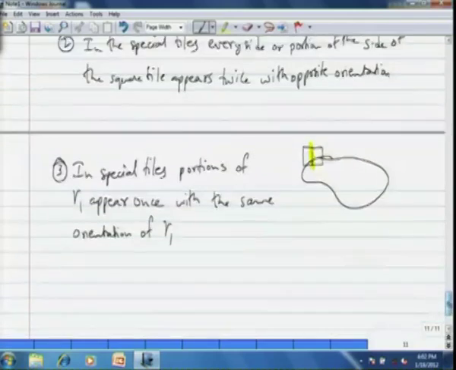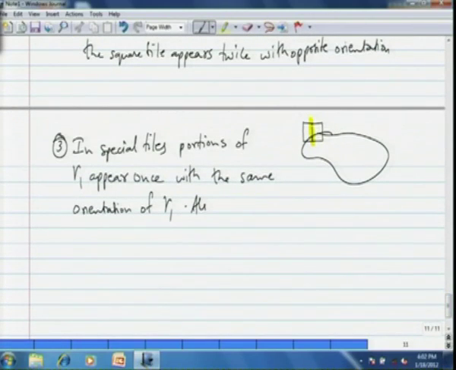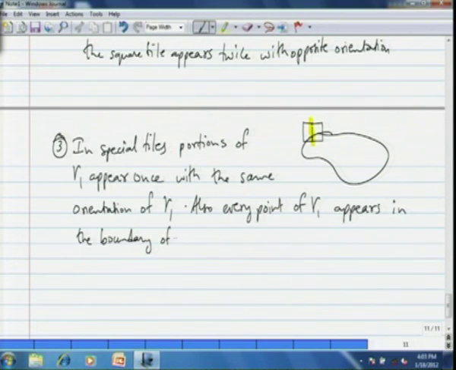Not only that, also every point of gamma 1 appears in the boundary of some special tile. Either of these are clear.